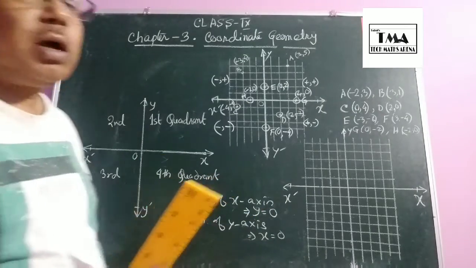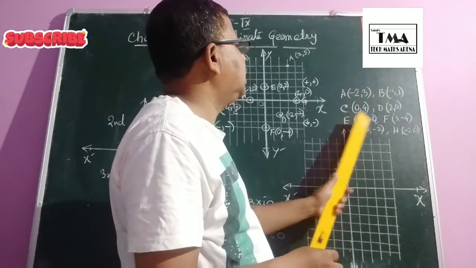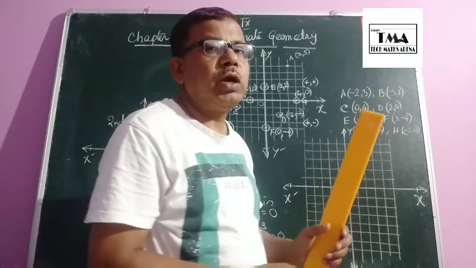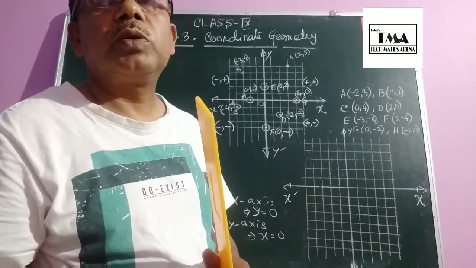Okay. Now, I have taken some points A, B, C, D, E, F, G, H. We have to locate these points in this graph paper.